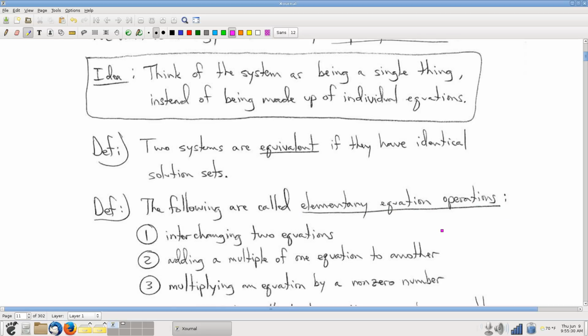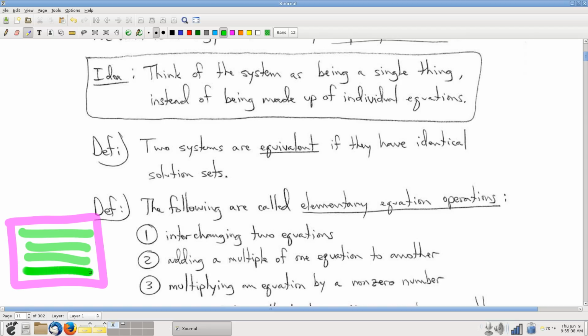Okay, so first, if you have a system, keep in mind that a system is made up of a bunch of equations. Right? We're thinking of the system, though, as a single thing. The first operation that we're going to talk about is interchanging two equations. So, for example, maybe the first and the third.